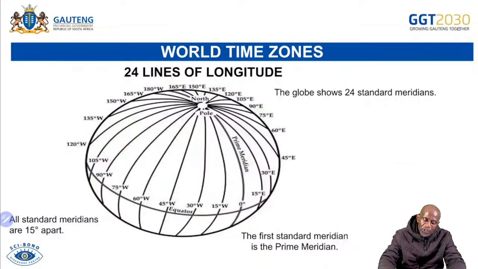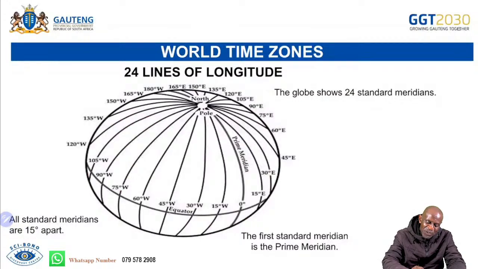This diagram also represents the Earth or the globe. And here are the lines of longitude. As you can see them, they cut across the globe from north to south.